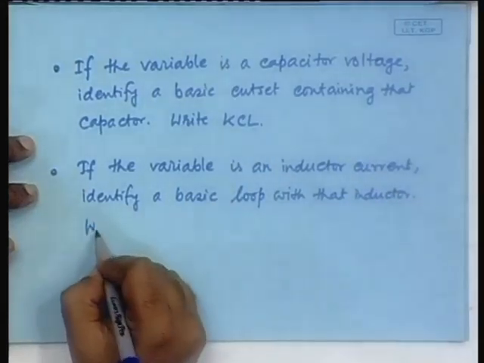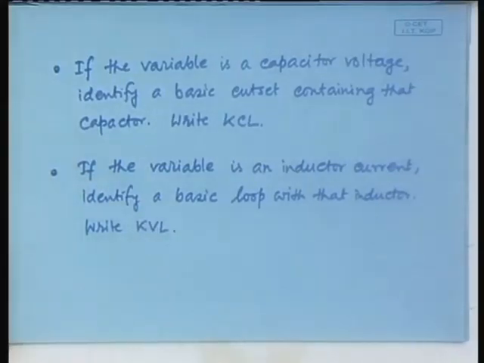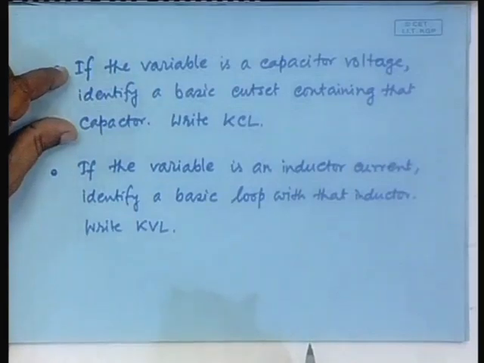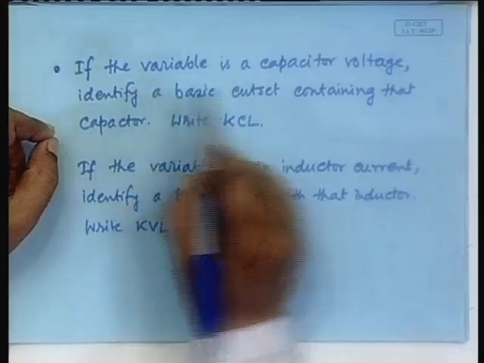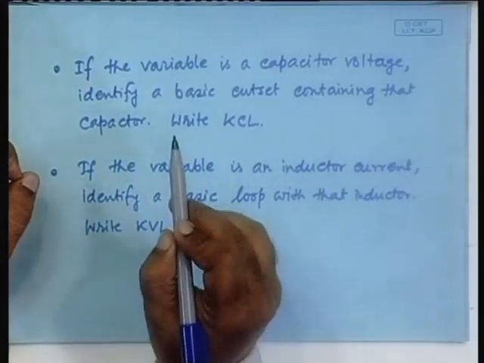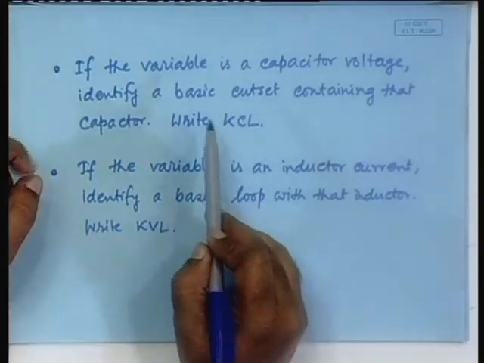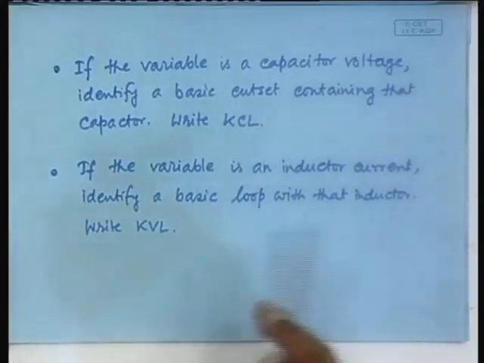Then write KVL. Clear. So, we are not going on writing the KCL and KVL equations for all possible loops, trees, branches, no. We are just doing it for the specific cases. What is it? If we are trying to write down the equation for the capacitor voltage, we will identify the basic cut set, and then we will write the KCL for that cut set, that is it. So, let us illustrate.